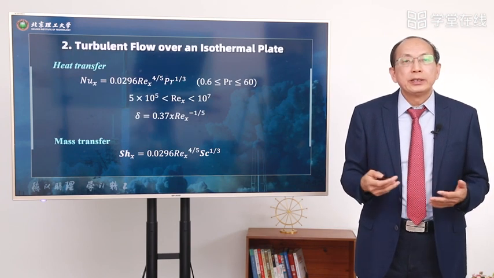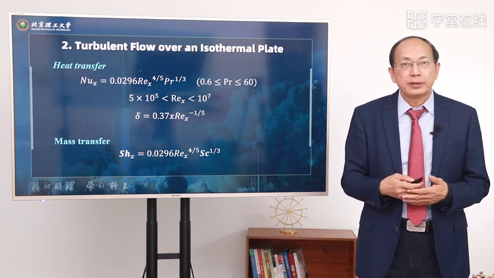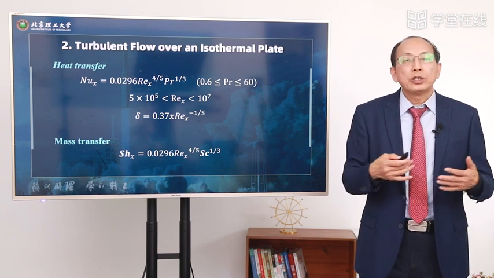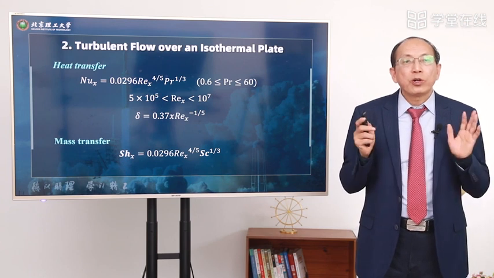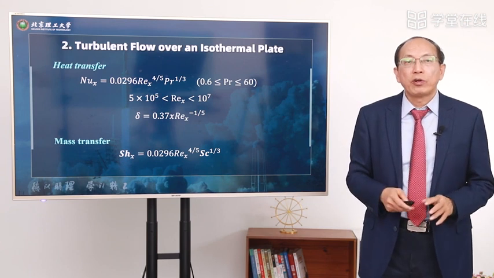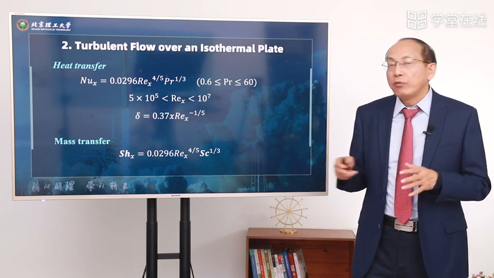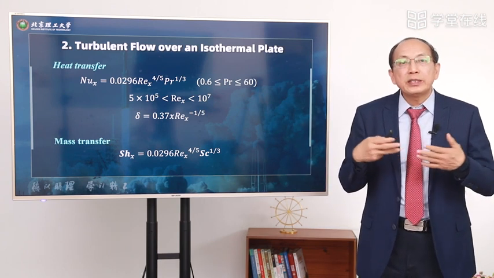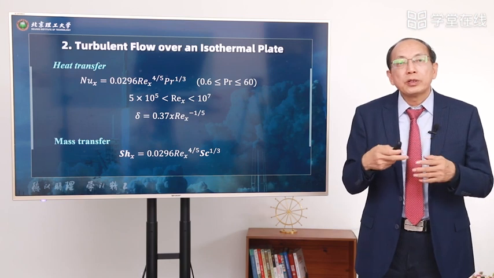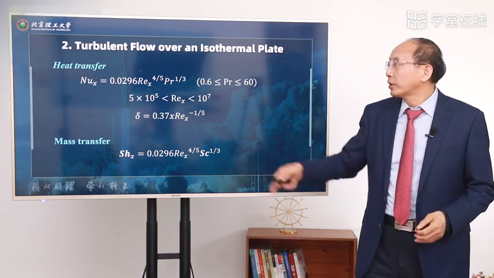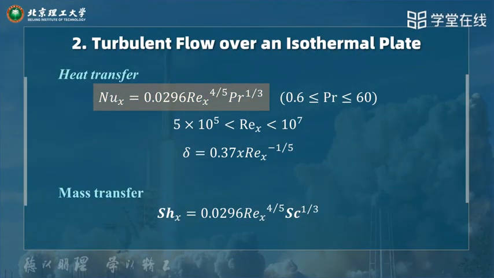If the plate is still an isothermal plate, the temperature is constant. For turbulent flow, the heat transfer still uses a very similar empirical equation to calculate. For example, Nusselt number x equals 0.0296 Reynolds number power 4 over 5, Prandtl number power 1 over 3.